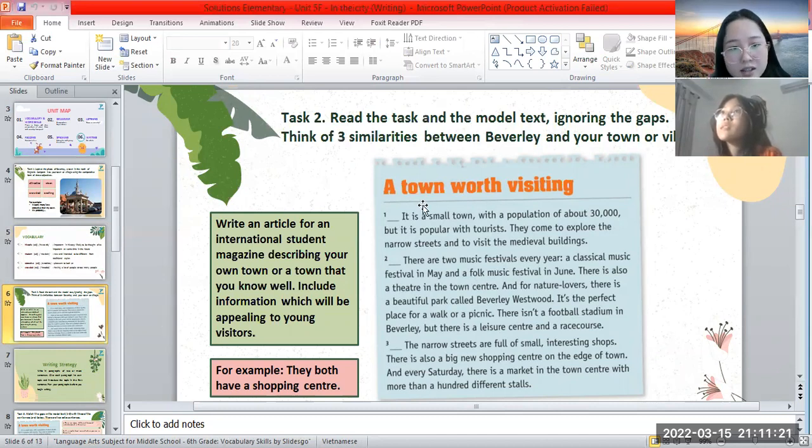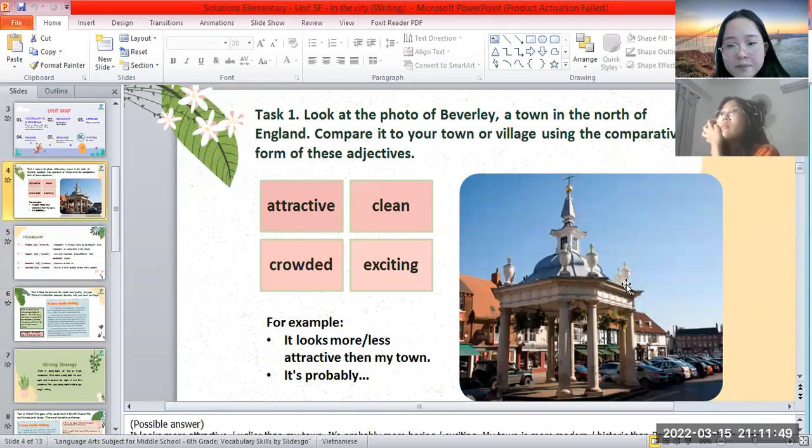In this task, you are going to read these paragraphs, and you don't need to care about the gaps here. Just ignore it. So you have to think of 3 similarities between Beverly and your town. Do you remember Beverly here?